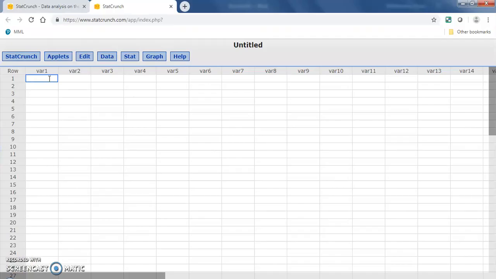We're going to enter our data here: 20, 60, 80, 100.